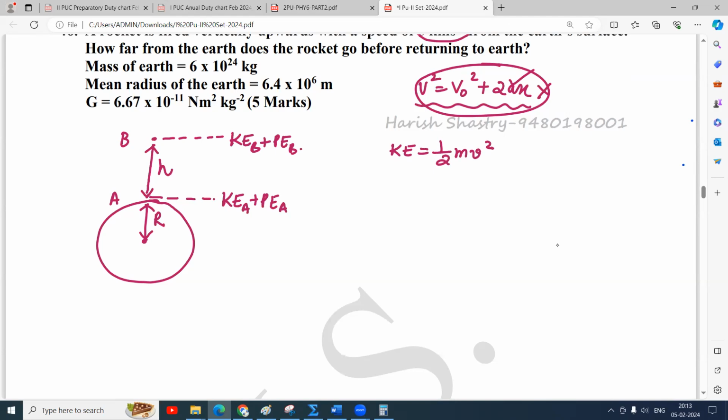But potential energy due to Earth on any object, when it is kept on the surface of the Earth or at any height, is negative: minus G mass of the Earth, mass of the object, by the distance from the center, which can also be written as minus gravitational constant, mass of the Earth, mass of the object, divided by r plus h. And when the object is on the surface itself, h is 0, so you can replace this with r only, radius only.